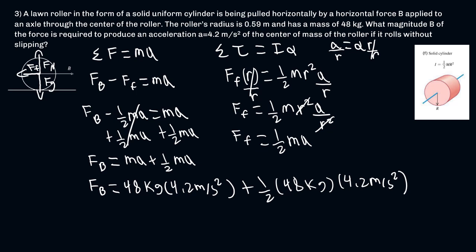So 48 times 4.2, that's going to be equal to, so we have FB. So 48 times 4.2 meters per second squared, that is going to be 201.6 newtons plus just 1/2 of that.